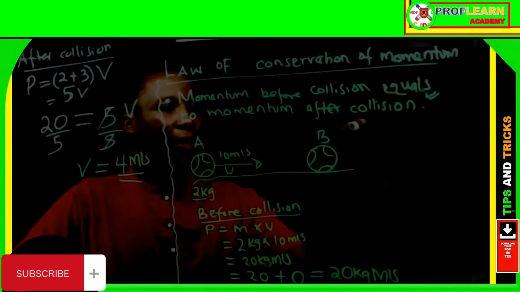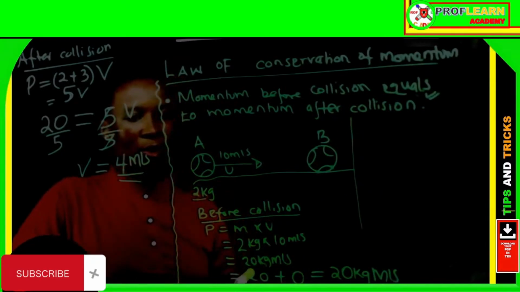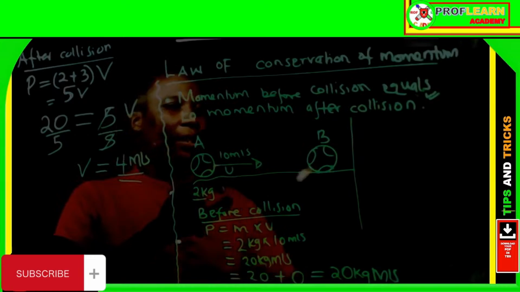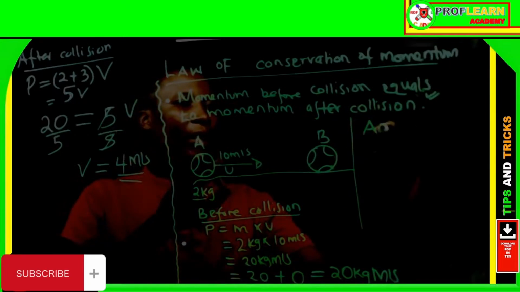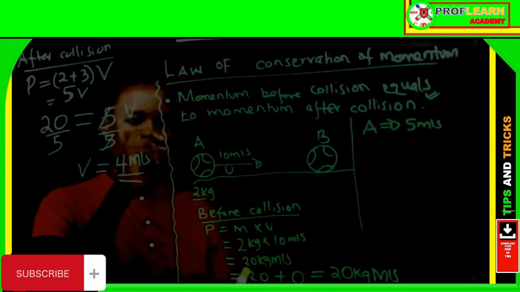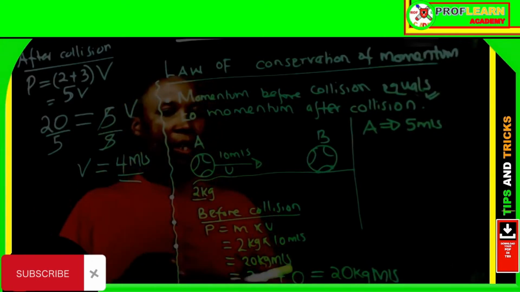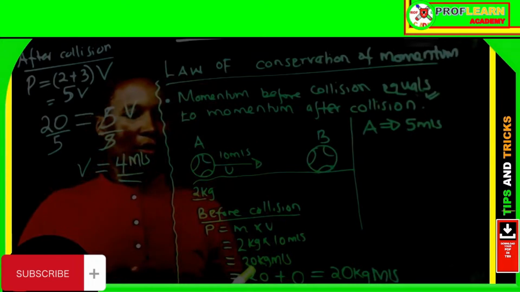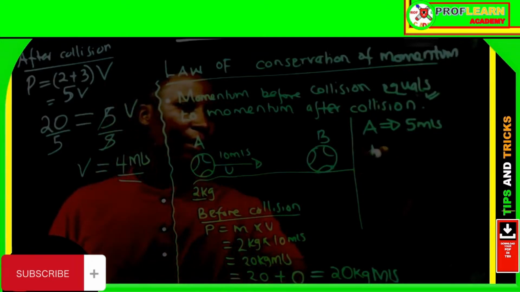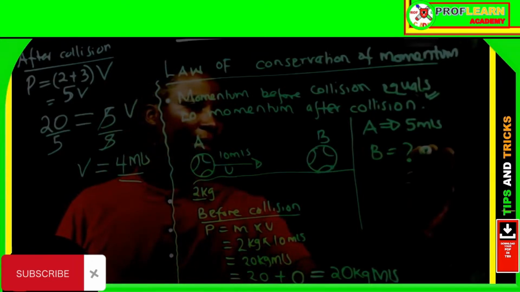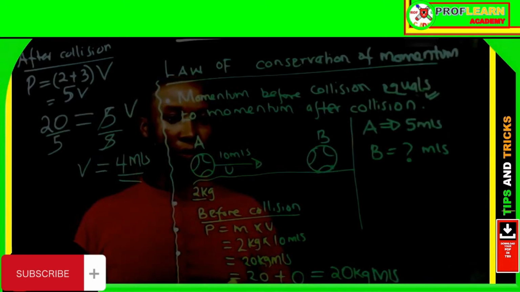Now, you may be told after they collide, A now will move at 5 meters per second. Find the speed of B. In which meters per second will it move?